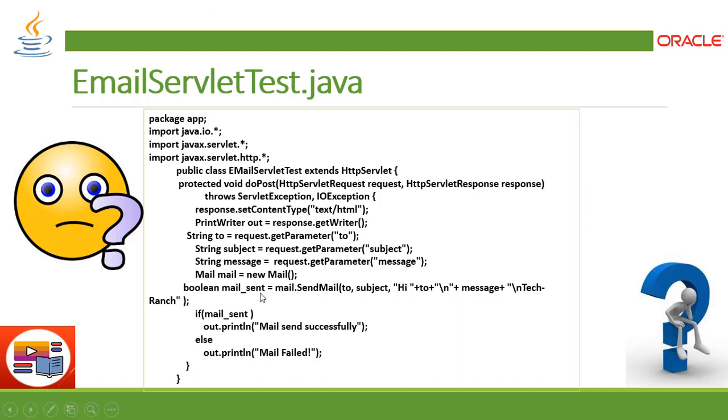What it will help you with is that we can simply call the sendMail method, passing the arguments to address, subject and the message. So to will be the address of the recipient, and the subject and message will be hi and thank you. So if mail sent is done, then print mail sent successfully, else print mail failed.